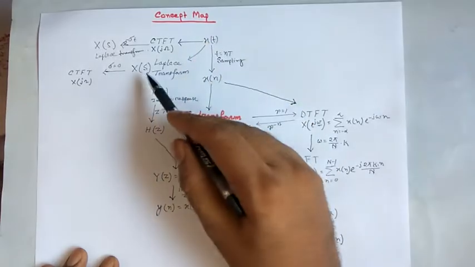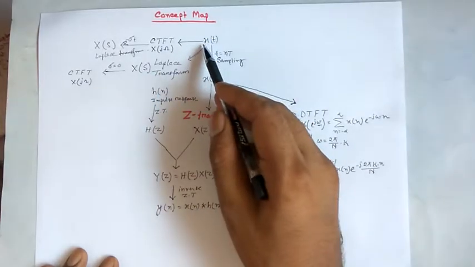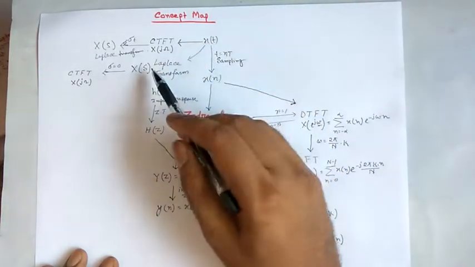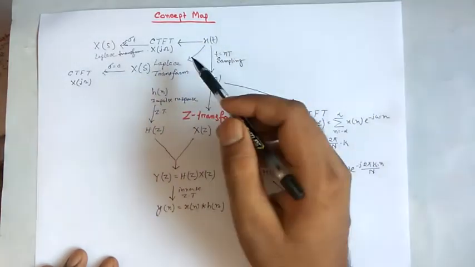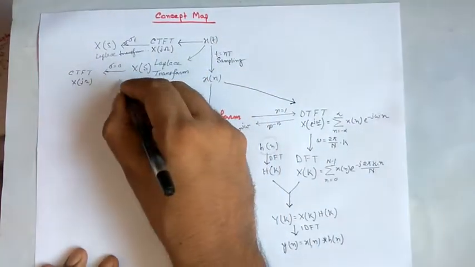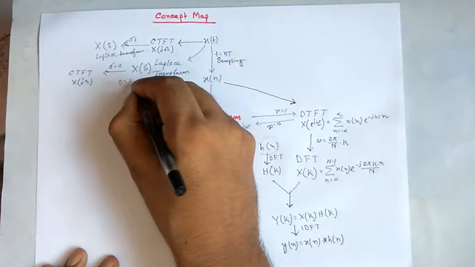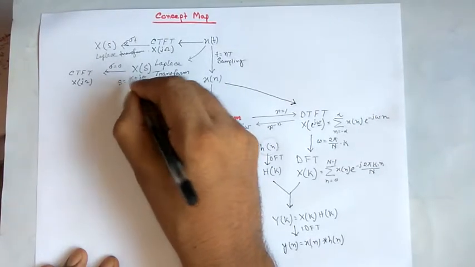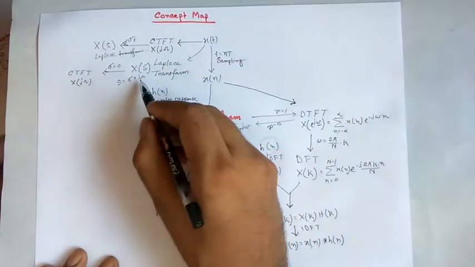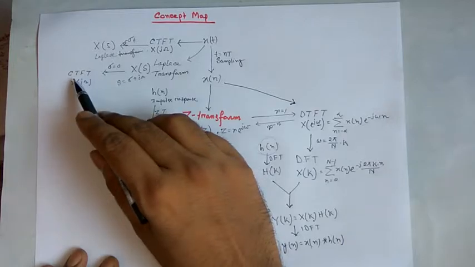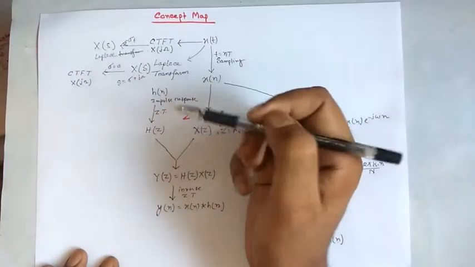We can also directly find Laplace transform from a continuous time signal. Here s equals sigma plus j omega, and if we put sigma equal to 0, then only j omega will remain, and it will become the continuous time Fourier transform X of j omega.